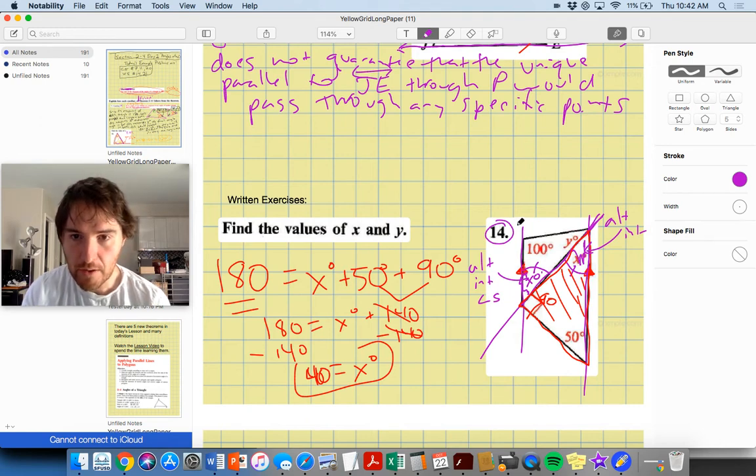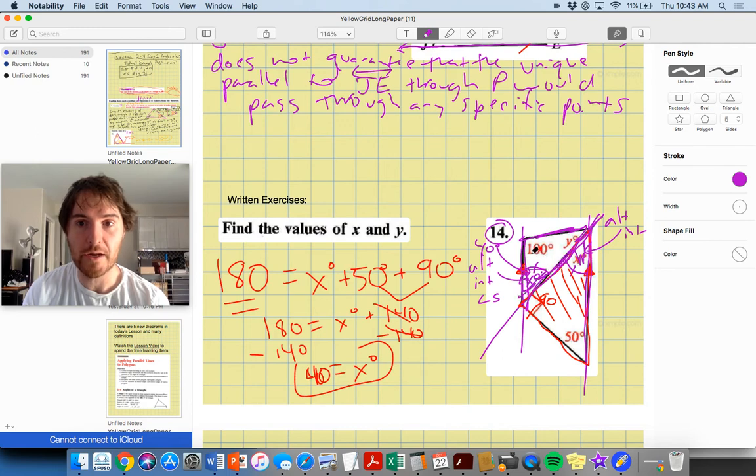Two parallel lines, and this is an angle, this is an angle, sharing this transversal. So this is X degrees, that's X degrees. In this other triangle, this is 40 degrees, and that's going to help us find Y. We could also have done it here, these are just supplementary. If this is 40, this is also going to have to be 40. But anyways, I'm going to set it up with this purple triangle.